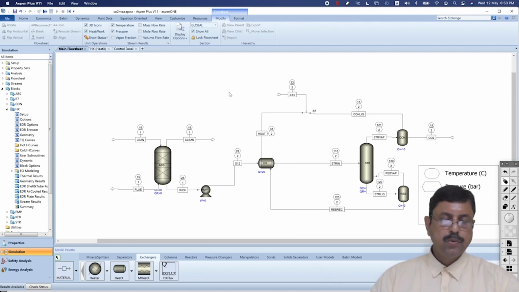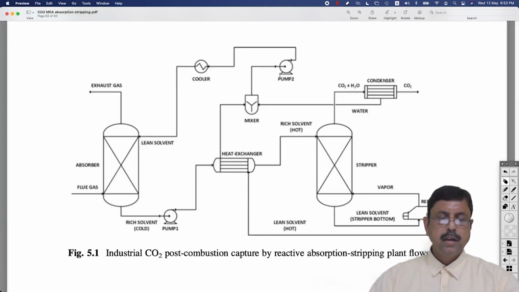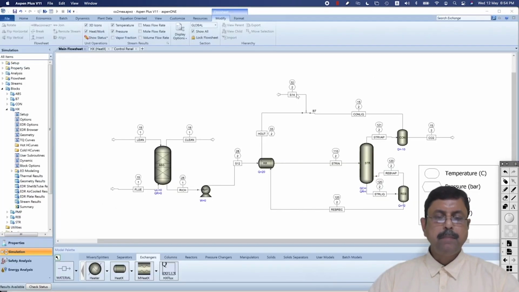Now it has to come to 1 atmosphere pressure, or to be very specific, it should be 103.15 kilopascal pressure, and the temperature has to be 19 degrees centigrade in order to make it usable over here. Now for that, refer to this. Here they have asked us to use a pump and a cooler. But pump is not necessary because it is already at 2 atmosphere pressure. There is no need to pump it to a higher pressure.